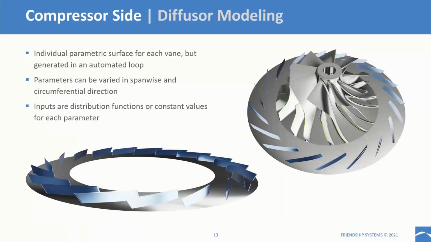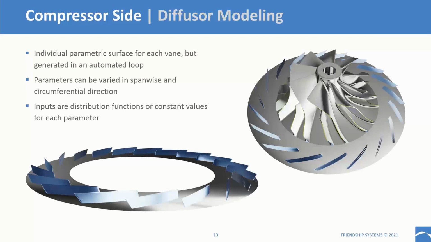Then as a second component on the compressor side, we have the vane diffuser. As I mentioned here, we have an individual parametric surface for each of the vanes, but they are generated in an automated loop, and we can change the parameters of the vane.